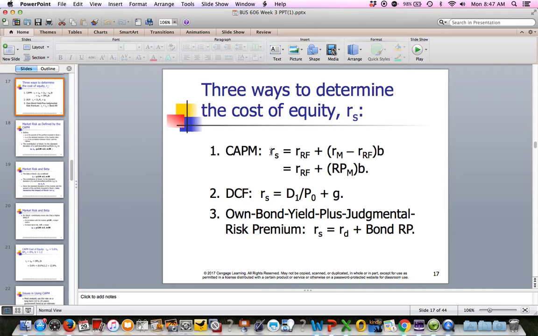So R sub S, the return on owning a stock, is R sub RF, the risk-free rate. RF stands for risk-free, and risk-free is investments that I can buy that have no risk in them. And the investment I can buy that has no risk is a U.S. Treasury bond. It's assumed that the U.S. Treasury would never default.